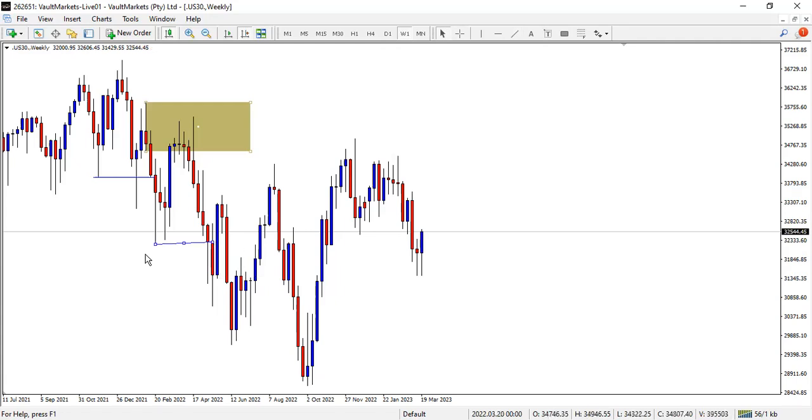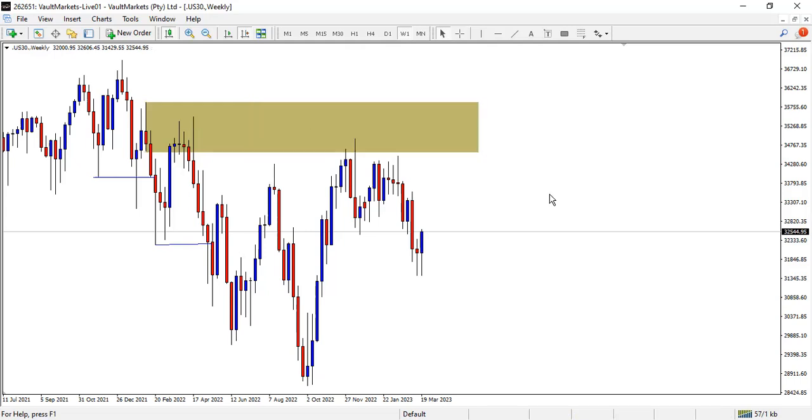After that, I always say, let's keep our markups until they're violated. What do I mean by that? This order block here was clearly mitigated here. When we keep the very same markup of the same order block, what do we see?